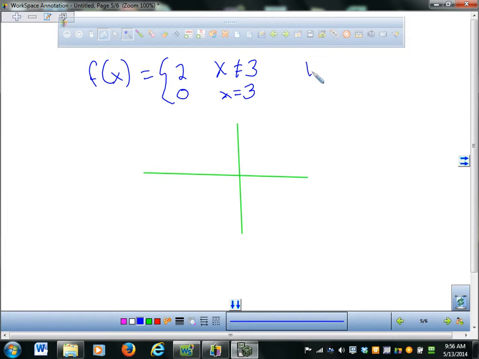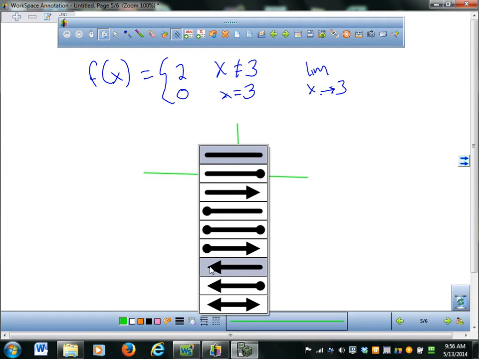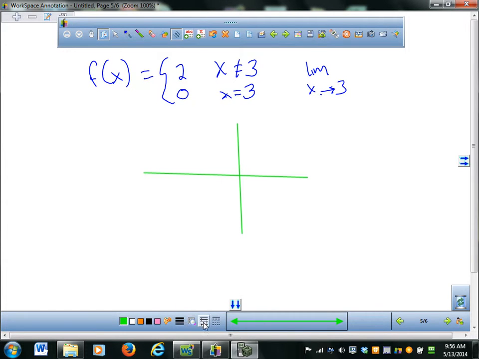And what if I want to find the limit as x goes to 3? What does this look like? It looks like a line, a horizontal line, right? And it goes through y equals 2.